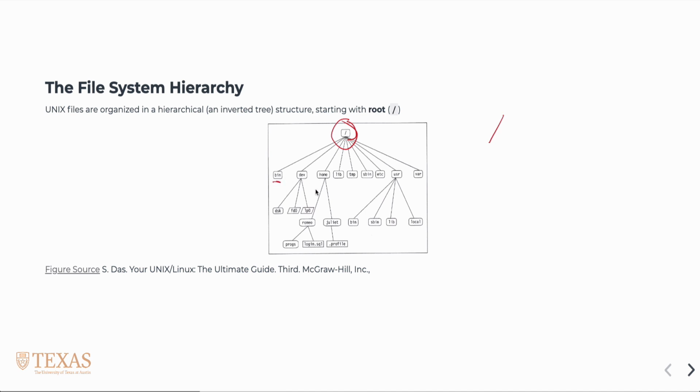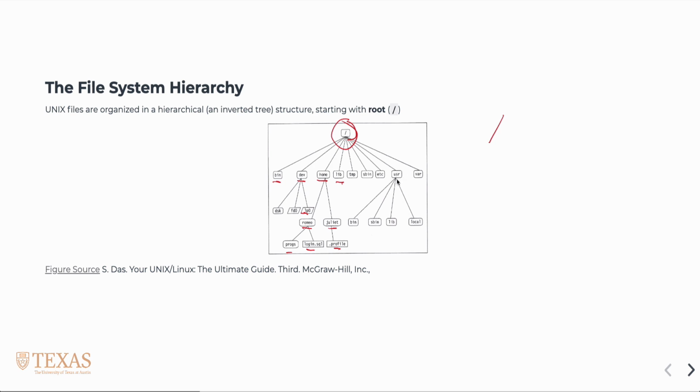This is where binary files are stored. Dev, again, these are your device files, possibly printers or something like that. Home, these are where your user accounts are stored. So in this example, Romeo and Juliet are users, and each of those would have their own files associated with them. Lib, these are library files, that is, compiled sets of functions, other things like that.